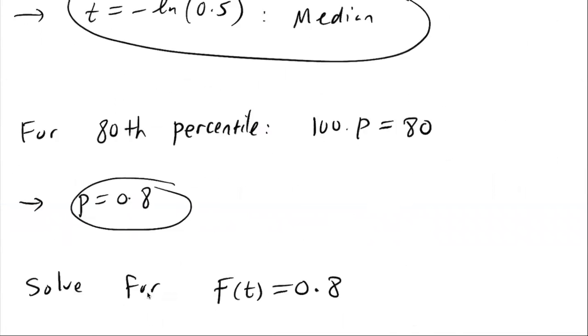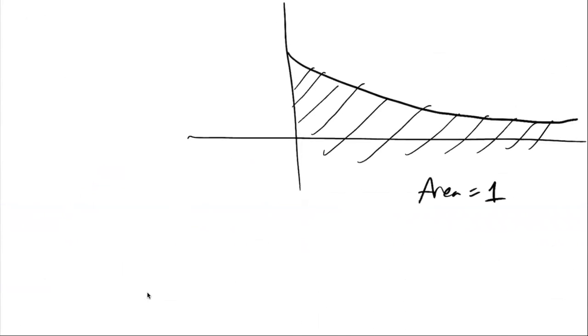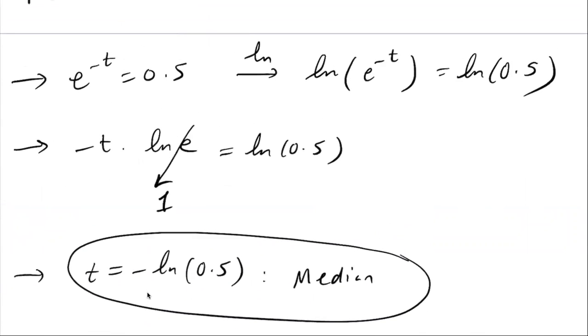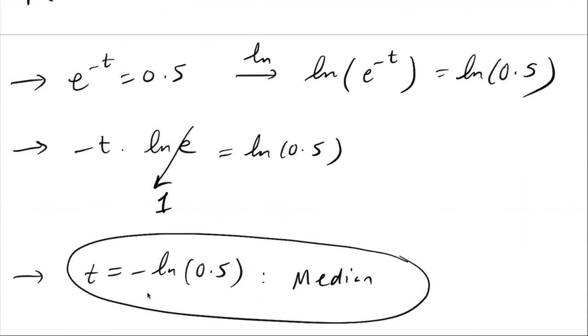So if you want the area function to be 1/2, we want an input. In this case, it turned out to be minus ln 0.5. Minus ln 0.5, by the way, is the same as ln 2, because ln 0.5 means ln 1/2, which is minus ln 2, and then another minus becomes ln 2.